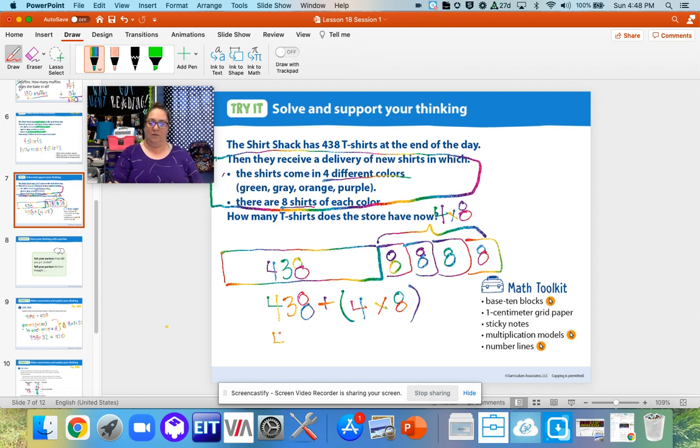So now I've just got 438. And then we knew that 4 times 8 was 32. So I just have 438 plus 32, which was 470.